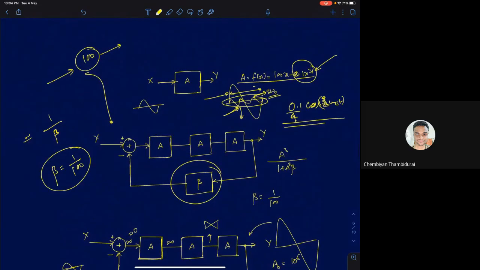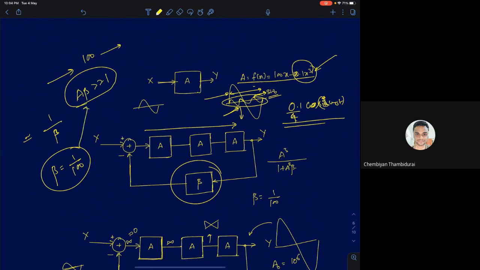Now, if I have to use negative feedback, then I have to ensure the forward path gain, or the product A into beta, is much greater than 1. That condition has to be always ensured. So from this, what do you think should be the value of A? What do I need A to be? It has to be much greater than 100, right? Because A beta has to be much greater than 1. So A has to be much greater than 100.